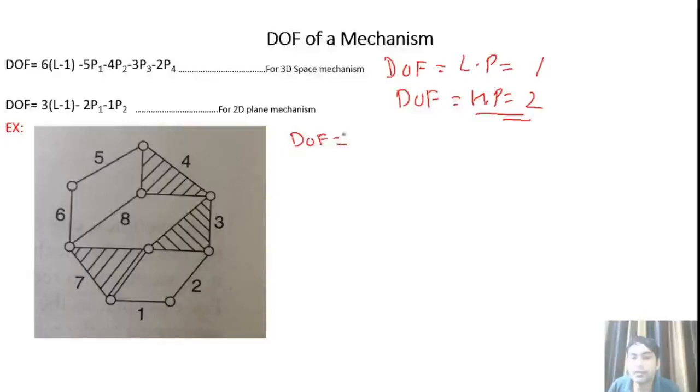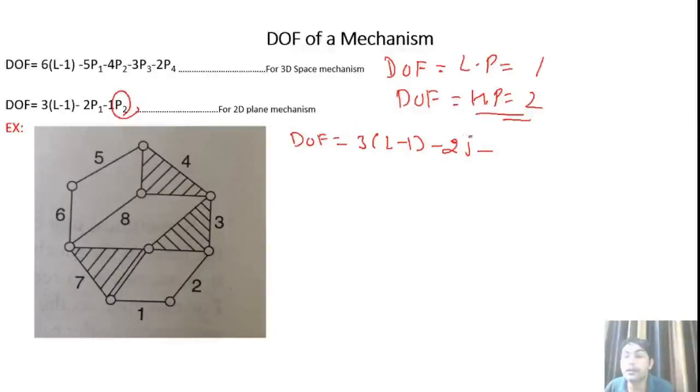DOF is equal to 3 into (L number of links minus 1) minus 2 into number of lower pairs. A binary joint, a pin joint or turning pair is also a lower pair. Minus 1 P2, where the degree of freedom is 2.